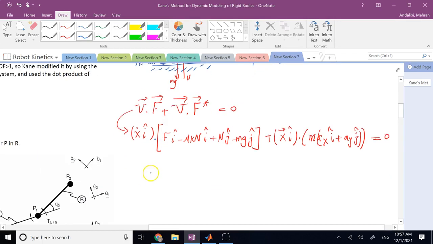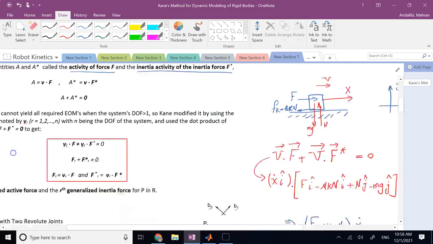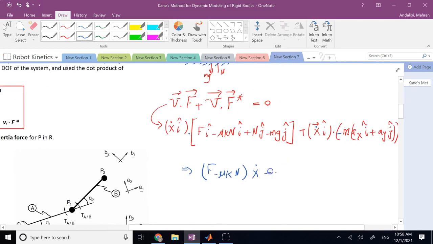So all you will get down here is going to be what? Is going to be F minus mu k n, the whole thing times x dot. And then here, this inertial term has a negative, right? It's negative acceleration, negative m times a. So it's going to be negative x dot times m ax is equal to 0.